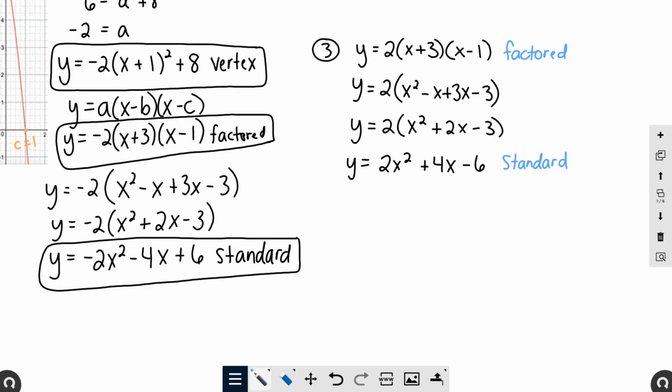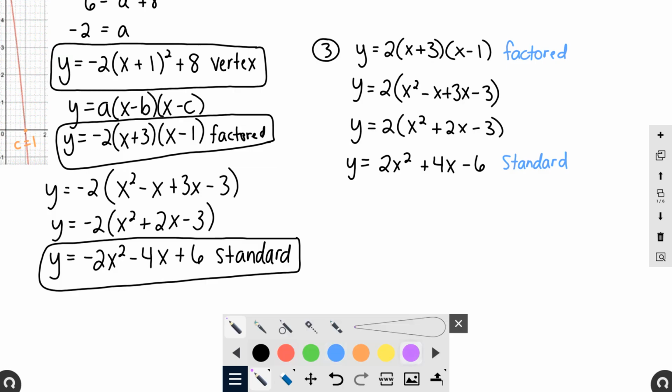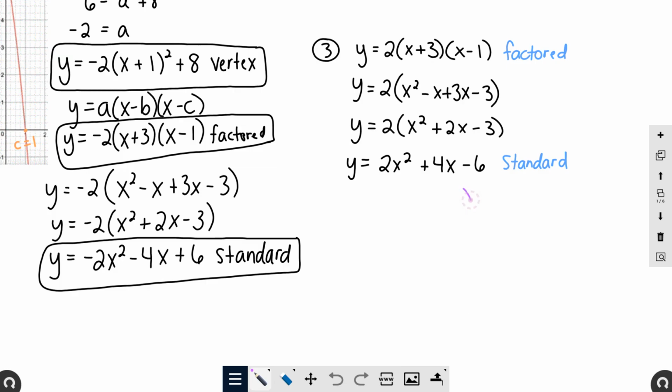A way to do it is to find the vertex of this. So look on your yellow sheet real quick. Flip it over to the front of the yellow sheet. How do you find the vertex of a standard form equation? Good, you use that equation, -b over 2a, or opposite of b over 2a, however you want to say it. So if it's in standard form, what's the opposite of b?